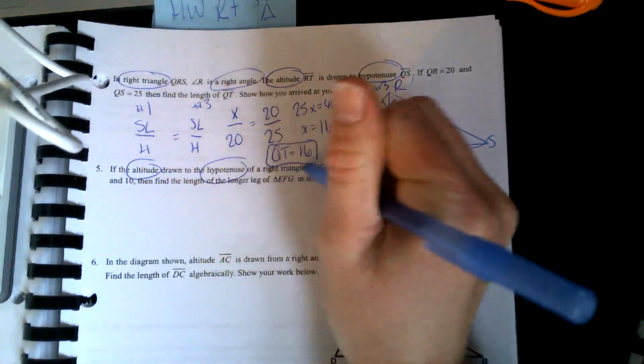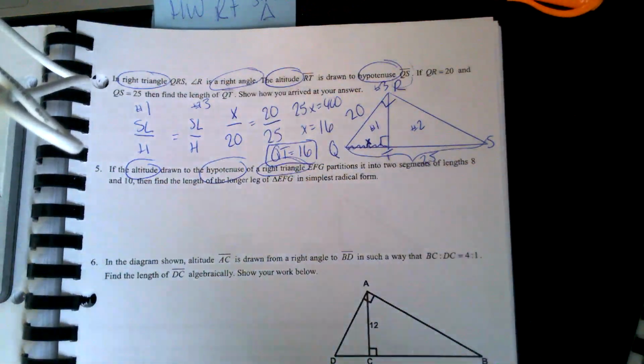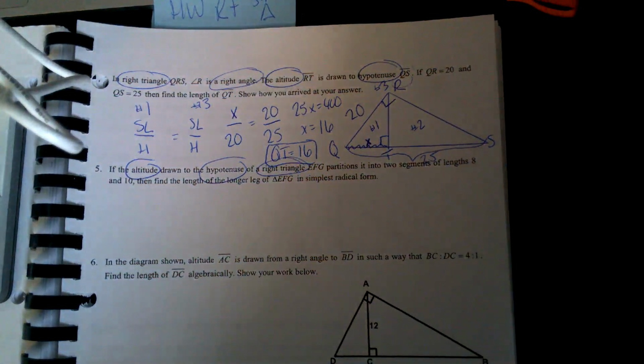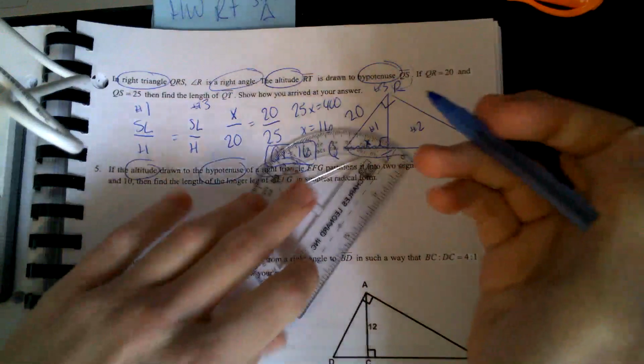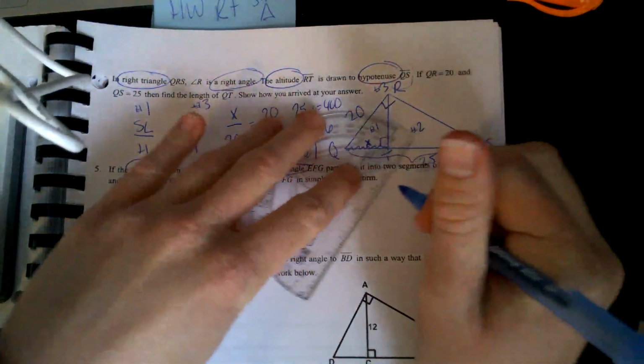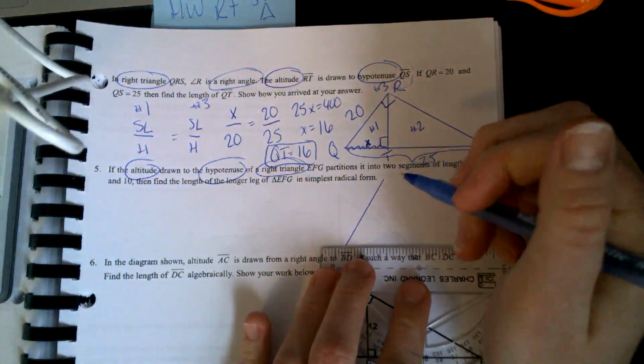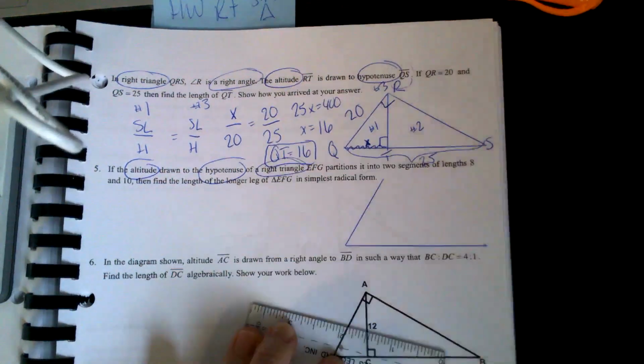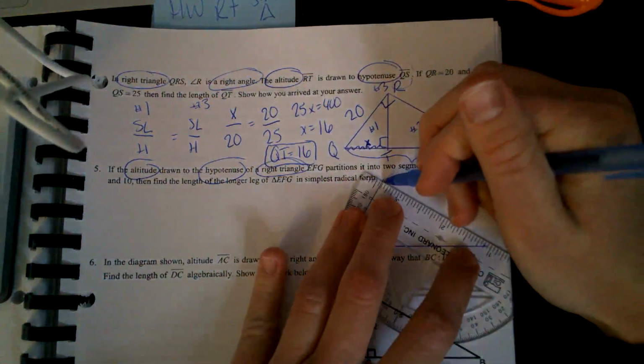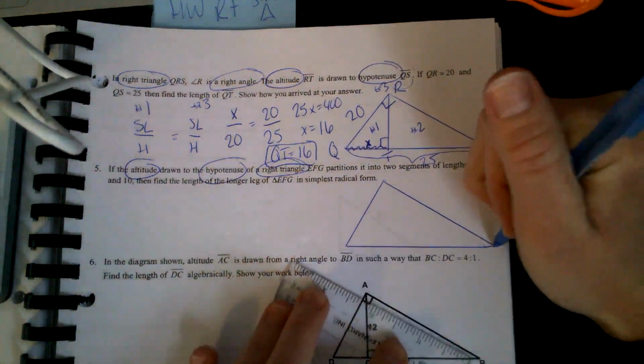Okay, so let's look at 5. So the altitude, again, altitude, hypotenuse, right triangle, look for those key words. So if the altitude drawn to the hypotenuse of a right triangle, EFG partitions it into 2 segments of lengths 8 and 10, and we want to find the length of the longer leg. All right, so let's draw our picture. All right, so now we need to figure out what is our right angle.